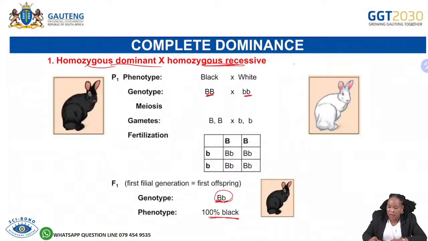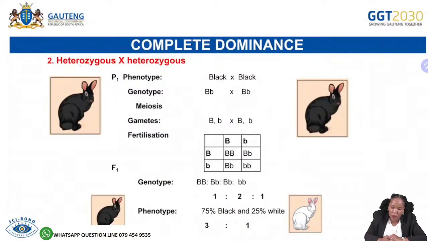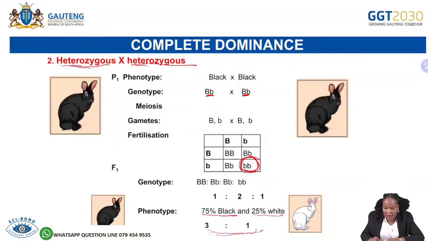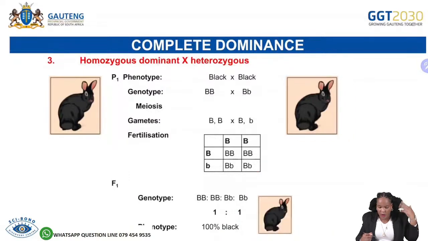This is like the flower example we did. In the second scenario, heterozygous with heterozygous, 75% of the offspring are going to be black and 25% white. So the ratio will always be 3:1. When you cross a heterozygous with a heterozygous, if you don't get 3:1, something went wrong in your cross. You need to know this by heart.